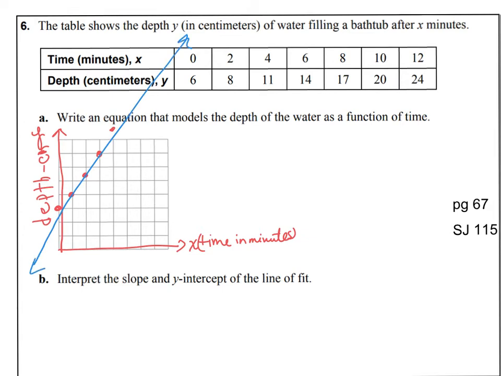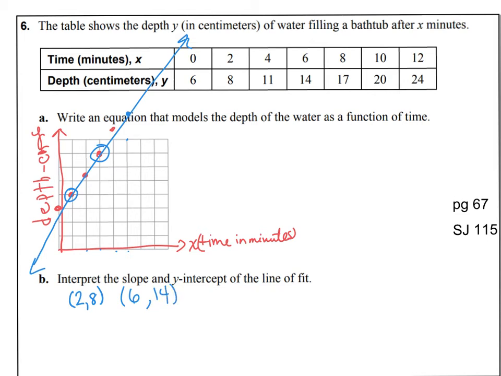Because if I go to 10, 20, that's pretty close. And then 12, 24. That's pretty close. Okay, so I believe I am going to use this data point and this one. It does not have to be a data point, but I believe I am going to use that. I'm going to use 2, 8 and 6, 14.